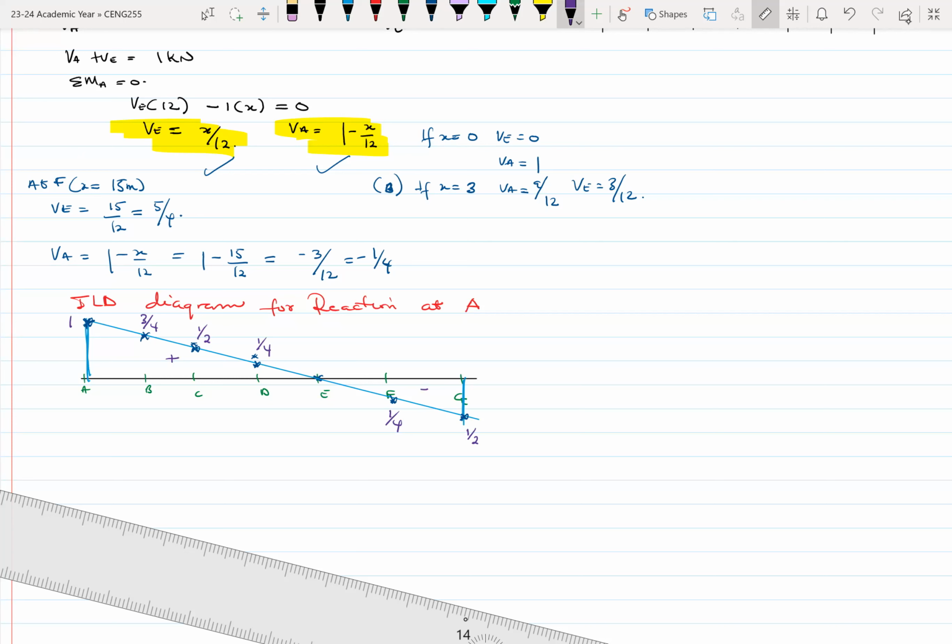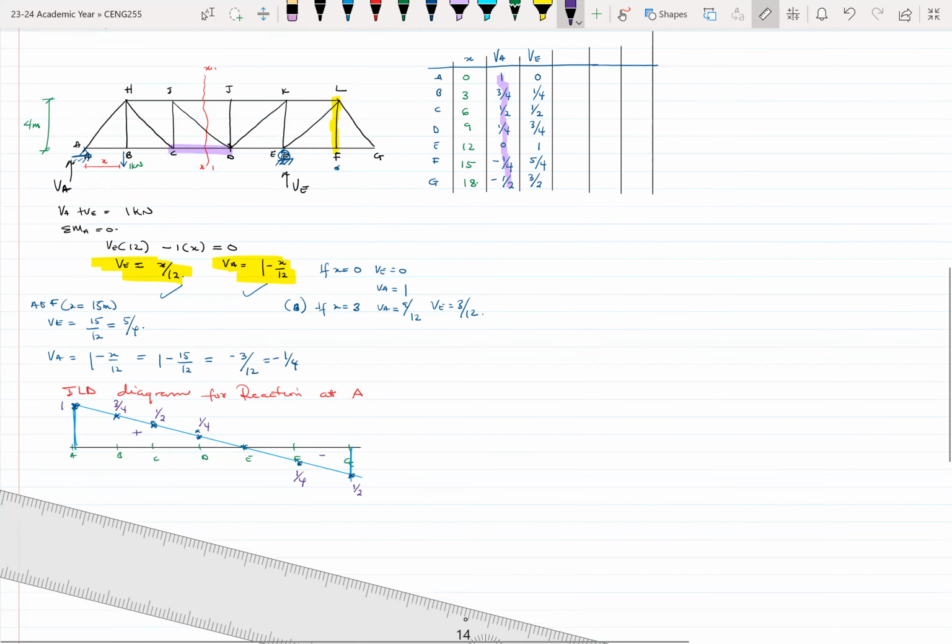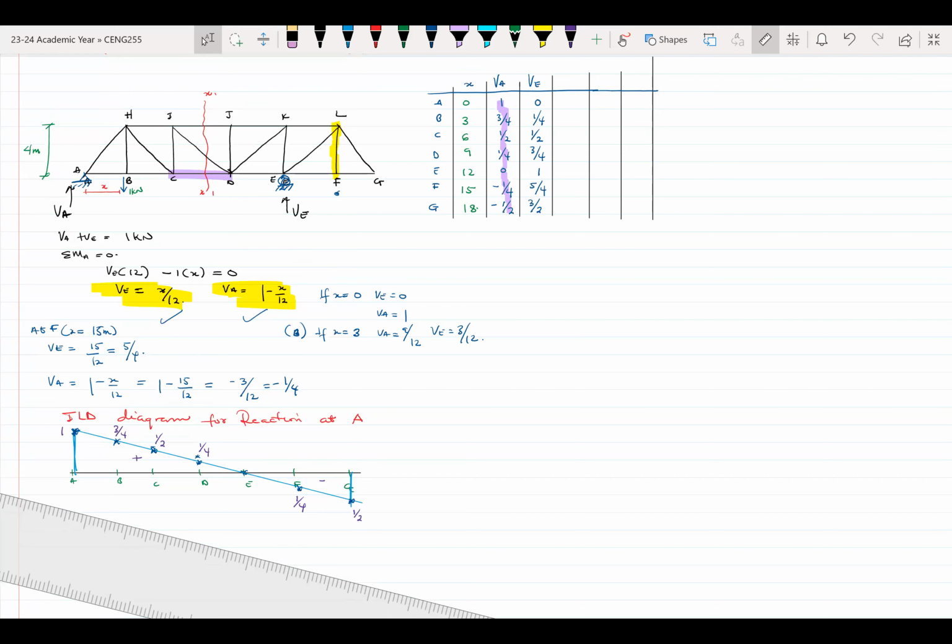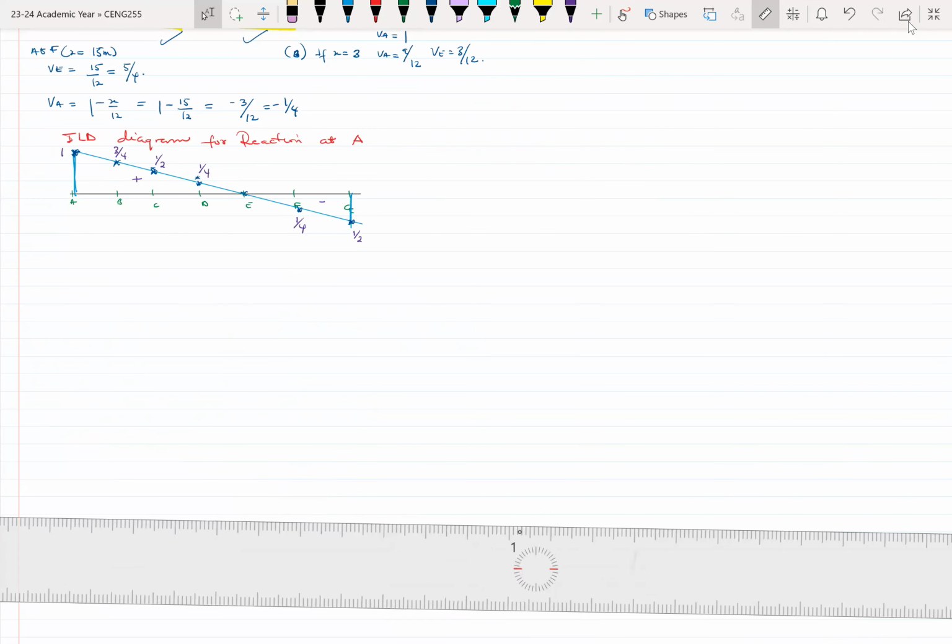So we can draw something similar also for the reaction for VE. It's going to take the same form, but then your diagram will be different. Okay. So again, I have the answers over here. Try that on your own and let me know what you get.